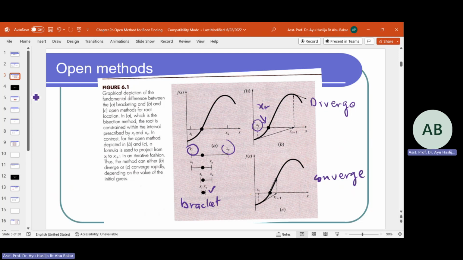It will go in a different direction. You see here, this is your XR. But with the wrong starting point, you will get a divergent trend where it will go to the other side. It should go to this side. Whereas if you have the correct starting point, you will get convergence approaching your XR value. So it depends on your starting point and on your equation as well.